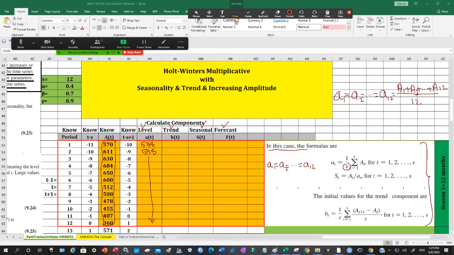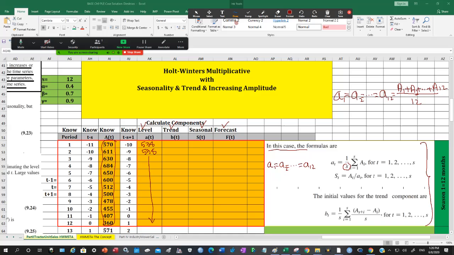The next item that we calculate is S of t.